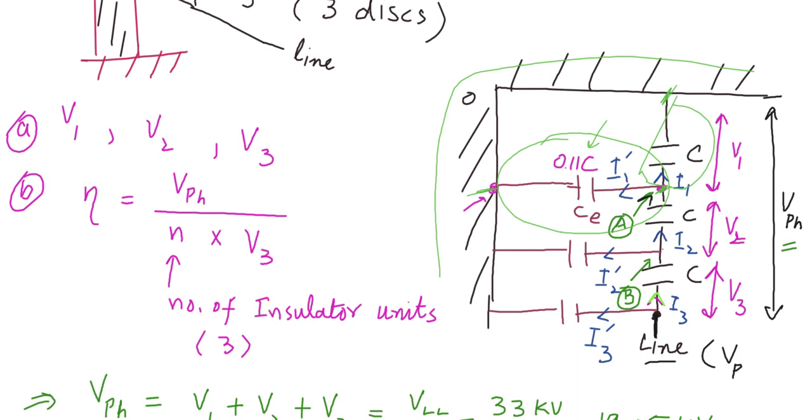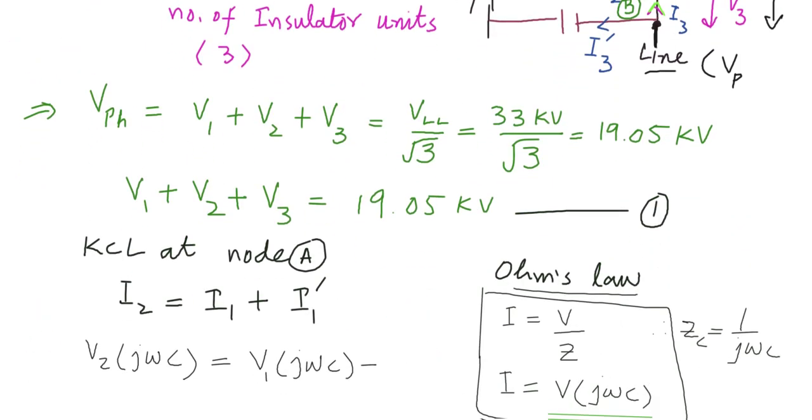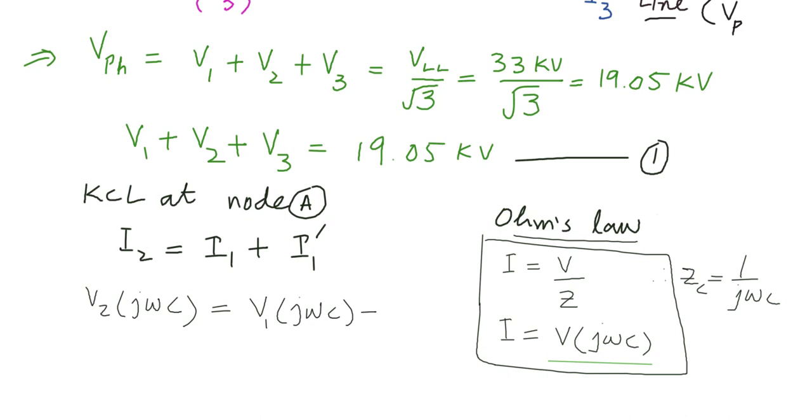Hence, the voltage across both of these capacitances will be V1, and therefore the voltage across CE will be V1 in this case. So now we will have V1, and voltage across the earth capacitance was V1, and it was j omega, and the capacitance was 0.11 times C.